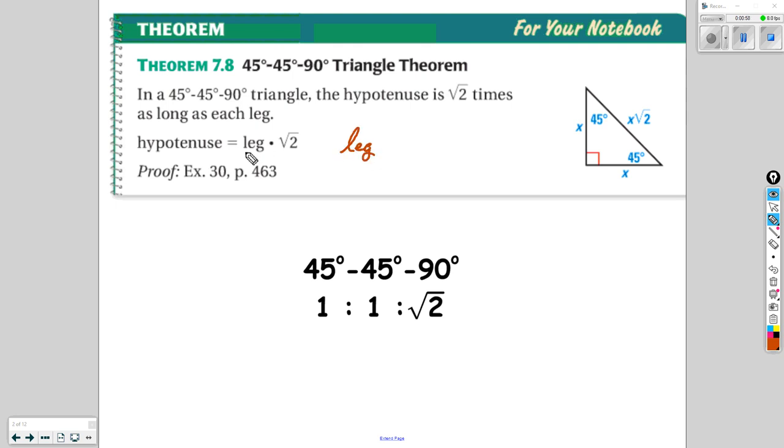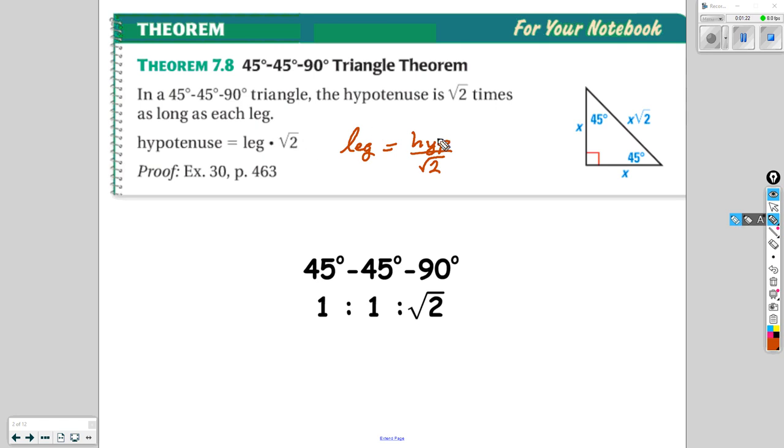If we just rework this first equation to isolate the leg, we divide by root 2 on both sides, and that gives us that the leg equals the hypotenuse divided by root 2. All right, so if we're starting with the leg, then what we would do to find the hypotenuse is just multiply that leg by root 2.